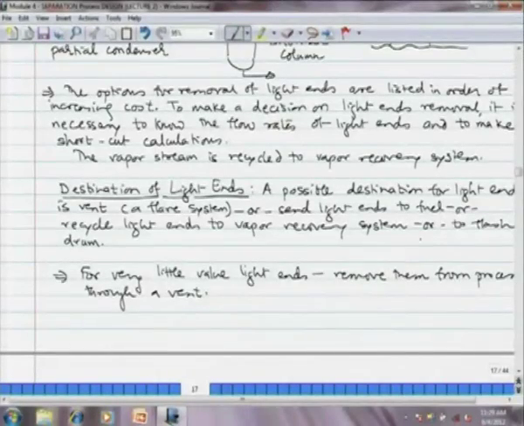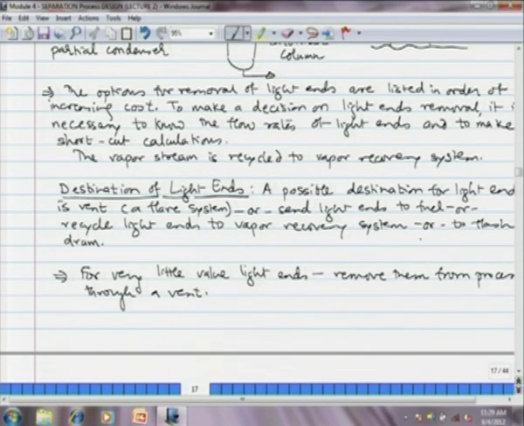In many countries, especially in the Gulf countries, the flare of these gases is taxed because it is adding CO2 or greenhouse gas to the atmosphere. The alternative is to use them as fuel in the process, send the light ends to fuel, or recycle light ends to the vapor recovery system or to the flash drum. So, these are some of the options.